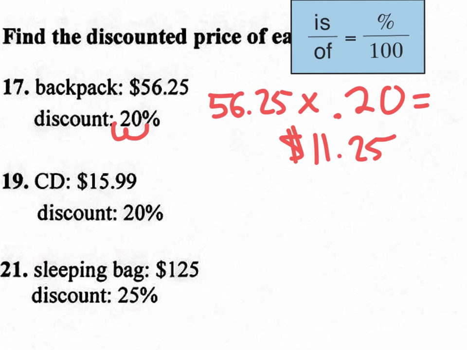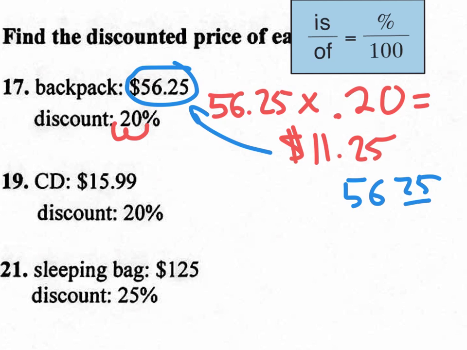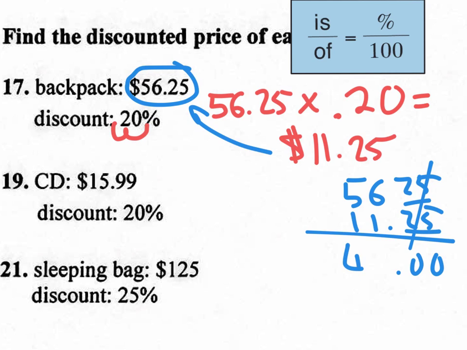So what you still need to do is go back to the 56.25 and subtract $11.25 from it. So if you go 56.25 and subtract 11.25 from it, well, then it's going to cancel out. It's going to be 0, 0. You get 45 bucks.